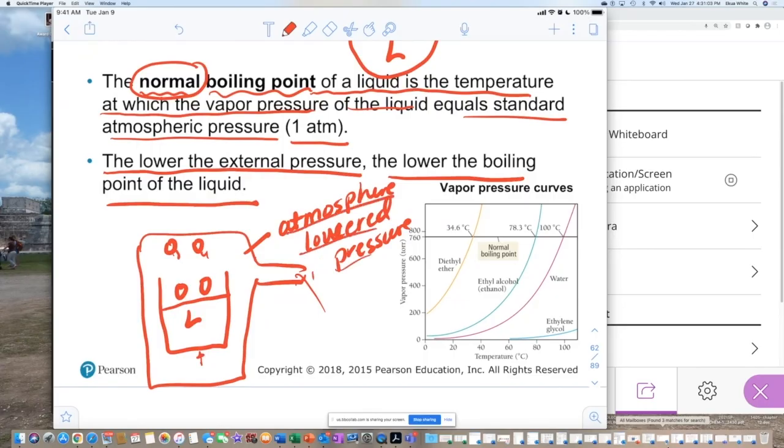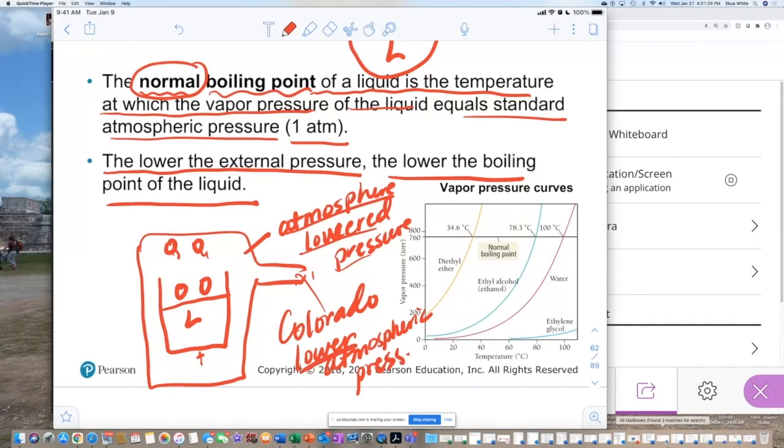So places that have lower pressure, such as Colorado. Colorado is elevated, right? When you go to a place that has a higher elevation, it generally has a lower atmospheric pressure. There are fewer gas molecules in the area, so there's lower atmospheric pressure.